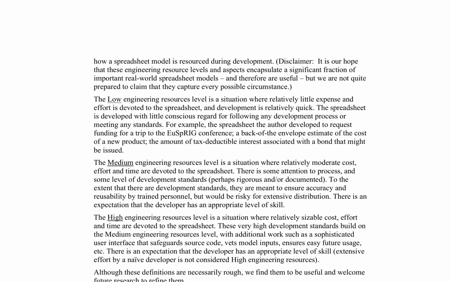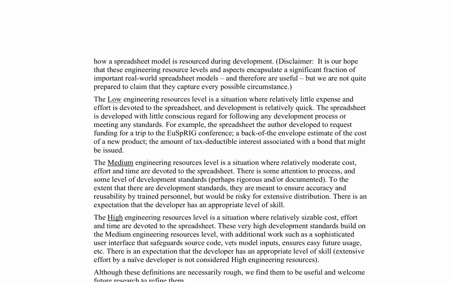The paper discusses the development of a taxonomy for spreadsheet models, focusing on 2 primary dimensions: use case and engineering resources. The use case dimension is categorized into 3 levels: personal, departmental, and enterprise, each with distinct characteristics such as complexity, distribution, and the level of support required.